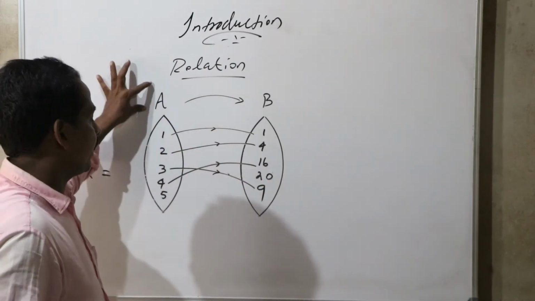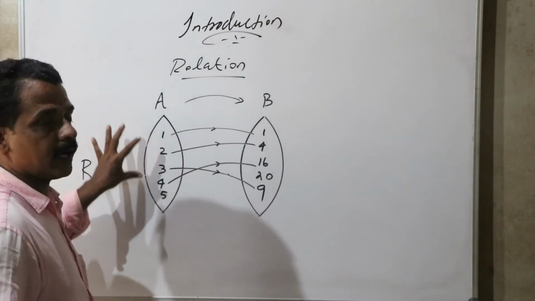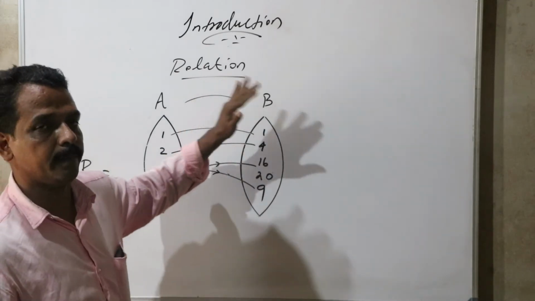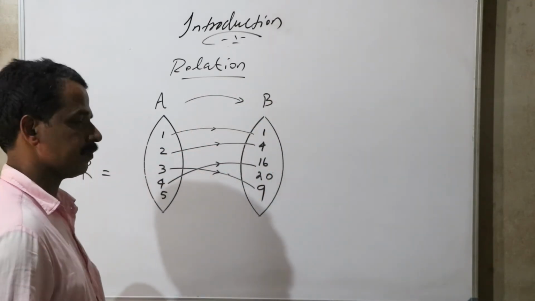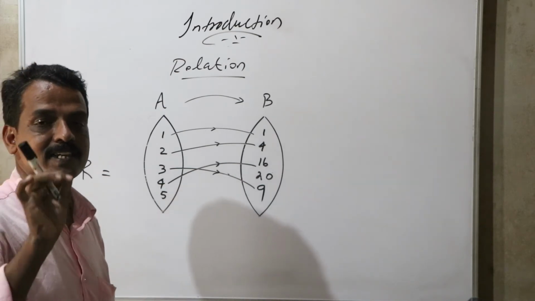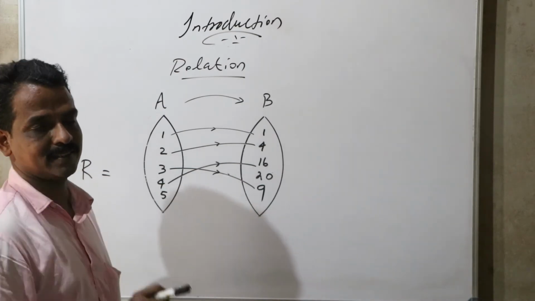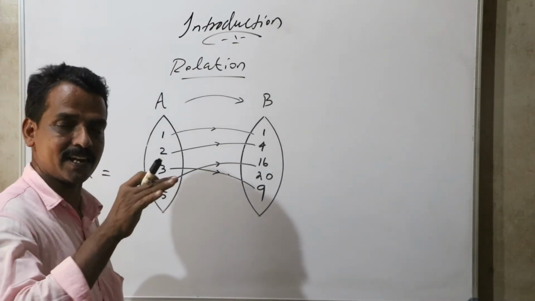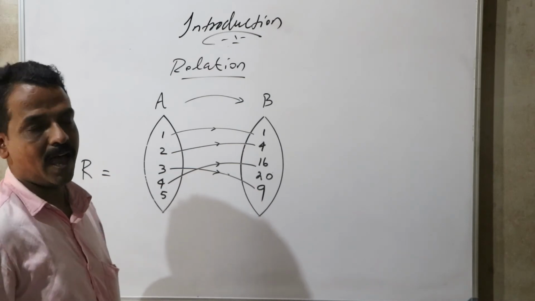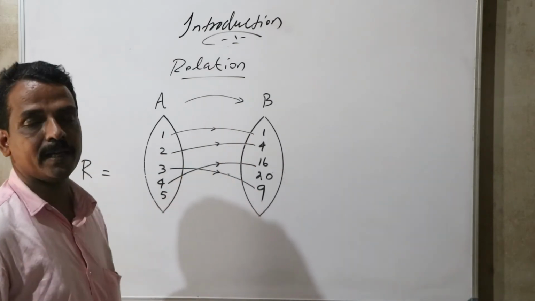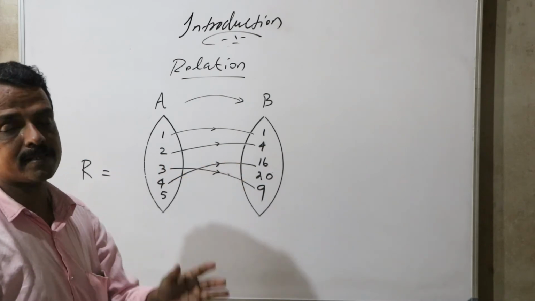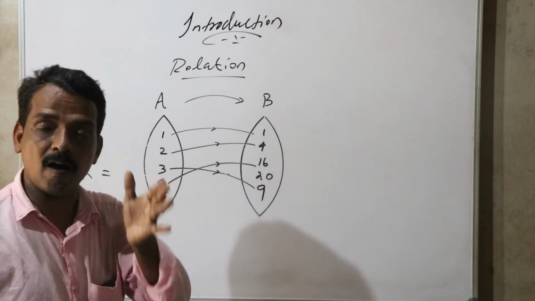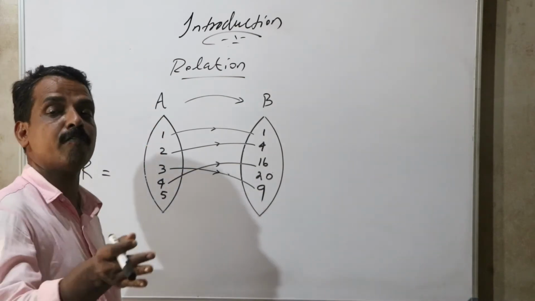In set A there are some elements, and in a relation from A to B, the element in set A is known as X representative or X element in the relation. And in B, the elements are known as Y representatives or the image of X.